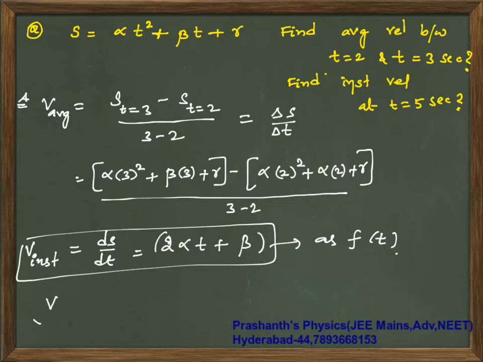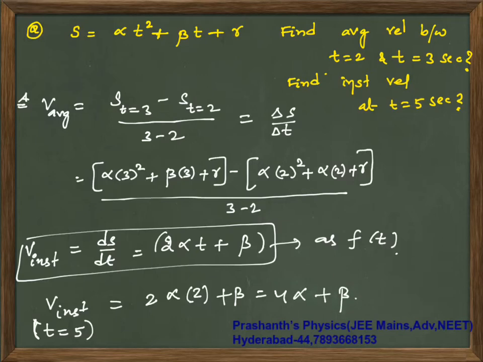V instantaneous at t equal to 5 seconds is 2 times alpha into 5 plus beta, that is equal to 10 alpha plus beta. This is how you are supposed to calculate instantaneous velocity.